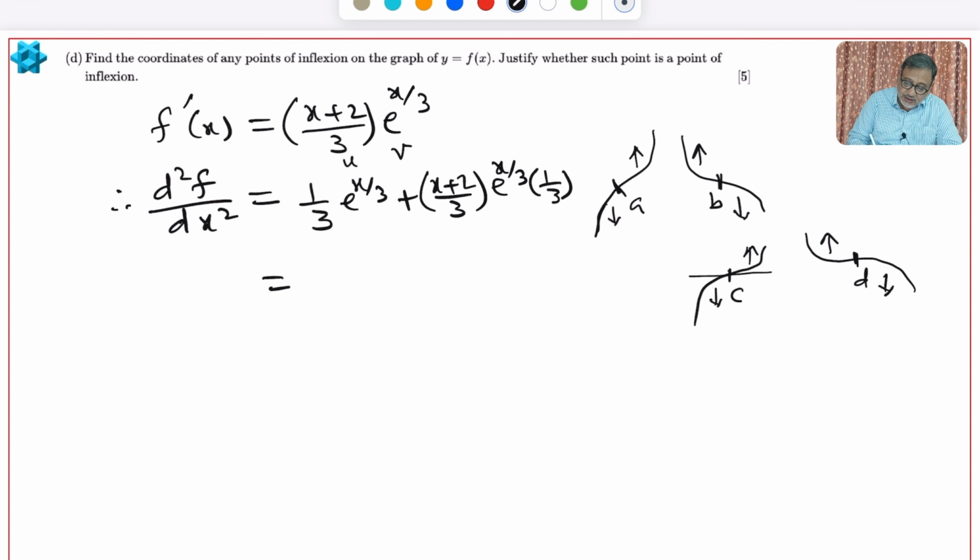Finally, 3 square is the LCM here, so we multiply the first term by 3 in the numerator. Taking e raised to x by 3 out, this will be 3 plus x plus 2.